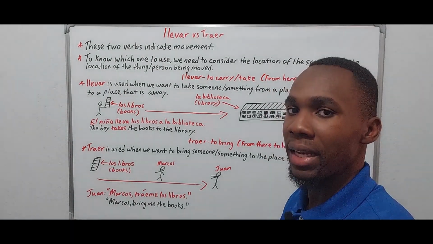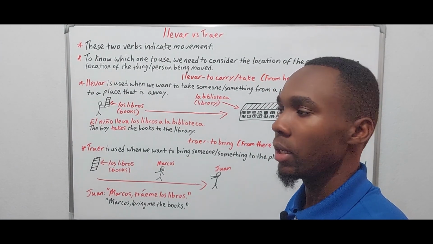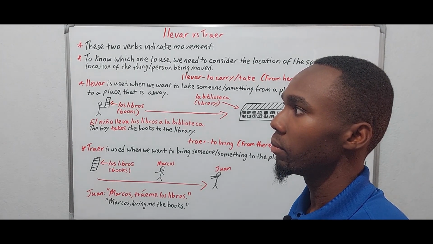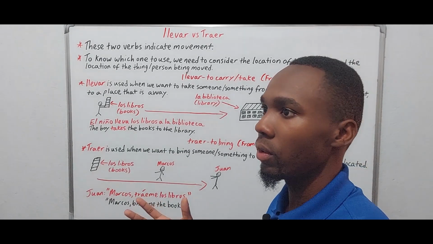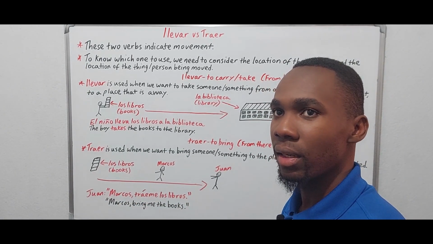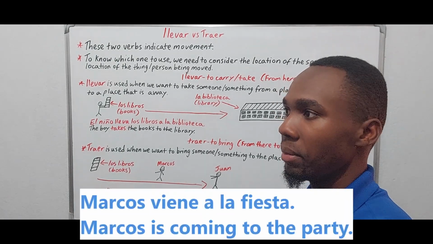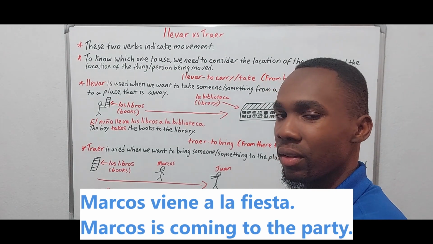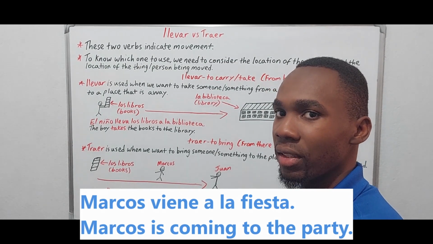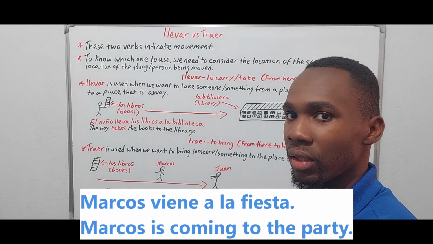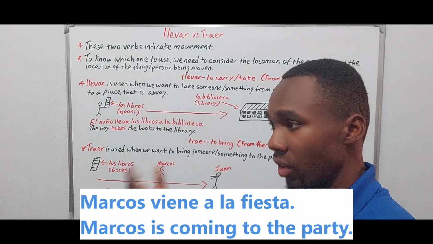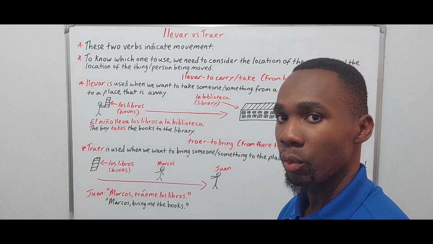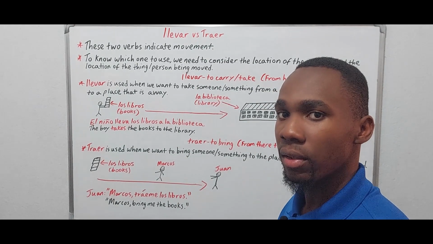So we can compare this with the verb venir, right? If I say, Marcos viene a la fiesta, that means that the person who is speaking is at the party, and Marcos is not there, but he's on his way. He's coming towards the speaker, whoever the speaker is.